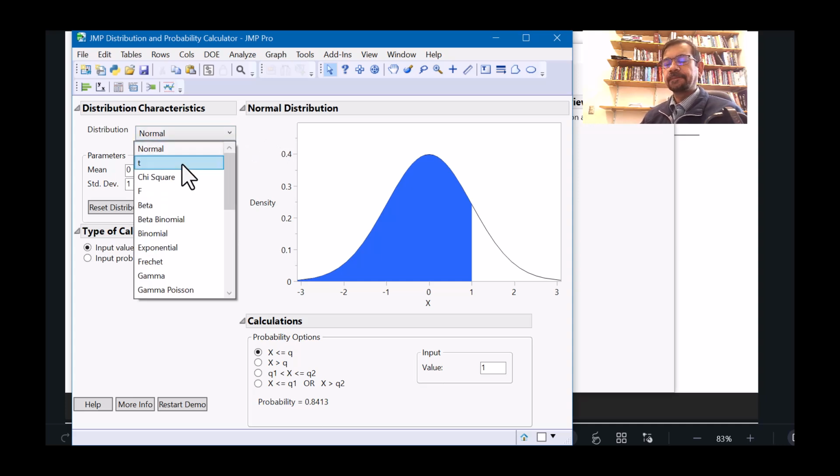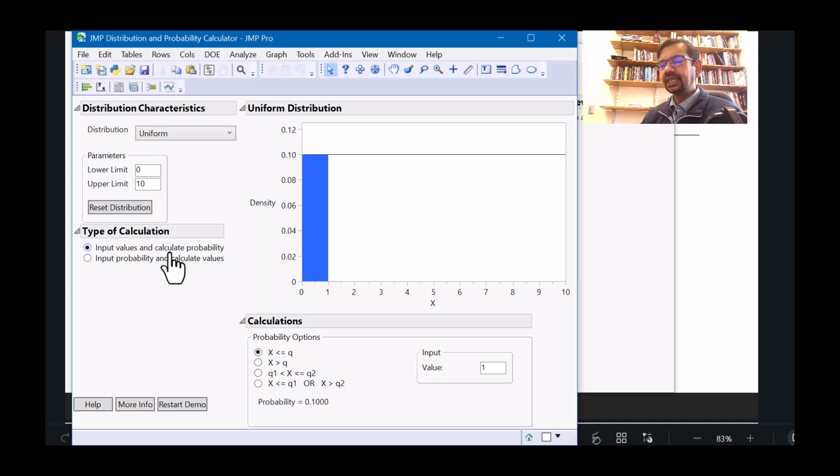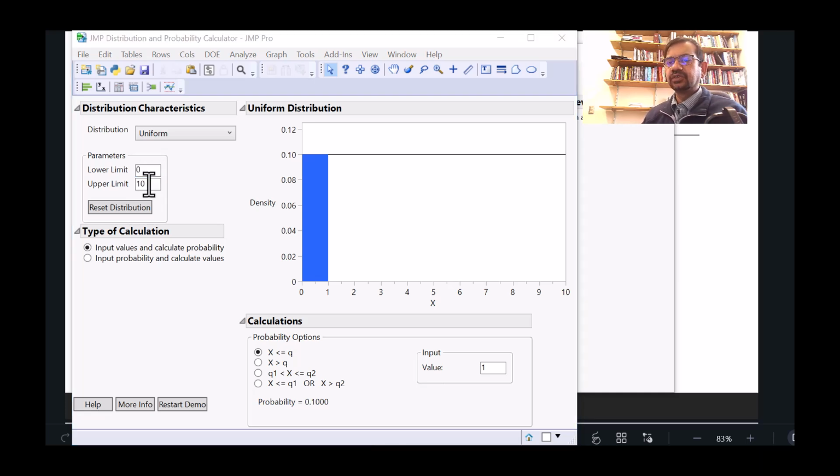So here we will choose uniform distribution. Our situation was that the lower limit of the stock value was 16 and the upper limit was 25.